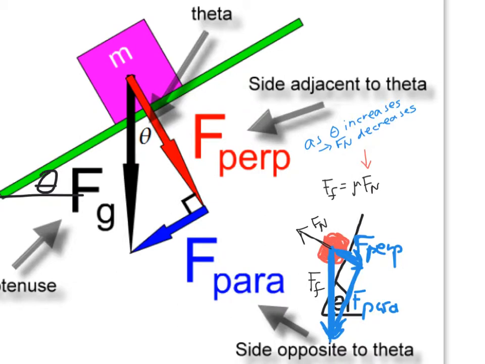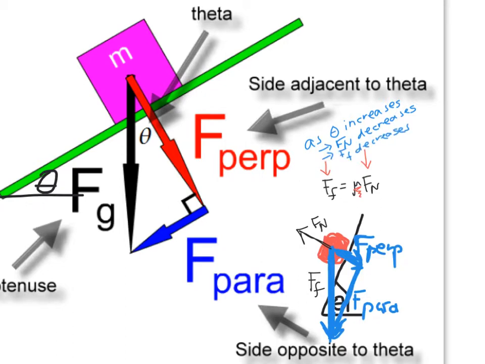And if Fn is getting smaller, keep in mind that the coefficient of kinetic friction remains the same for those two surfaces. That also means by a direct relationship that Ff, the frictional force, is also going to decrease.